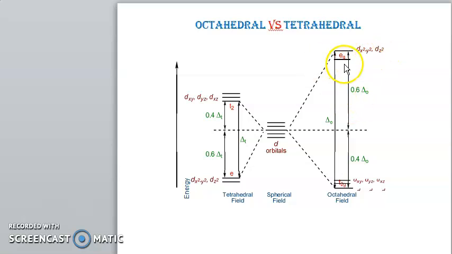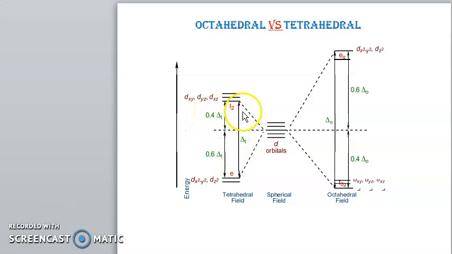Here is the Eg orbital set, dx square minus y square and dz square, and here is the E orbital set, dx square minus y square and dz square. Here is the T2g orbital set, dxy, dyz, dxz, and here is the T2 orbital set, that is dxy, dyz and dxz.